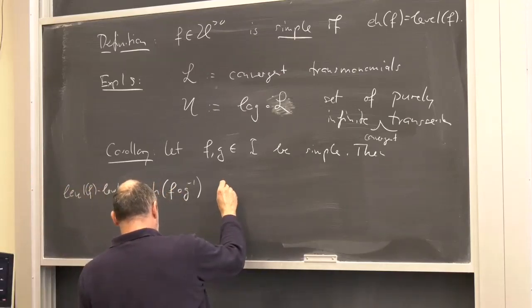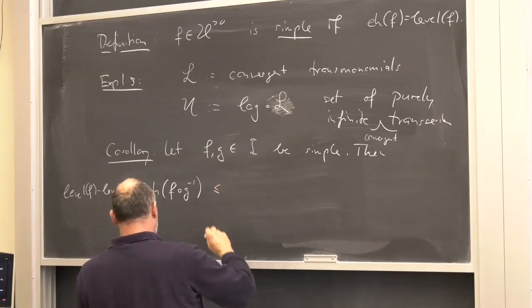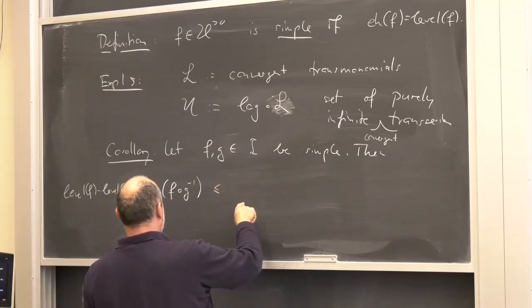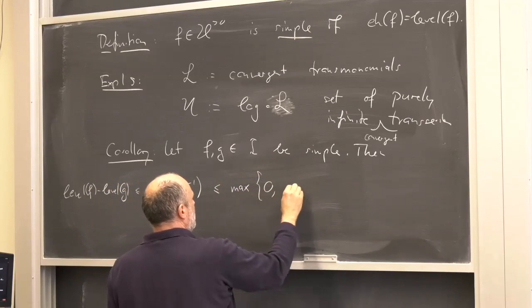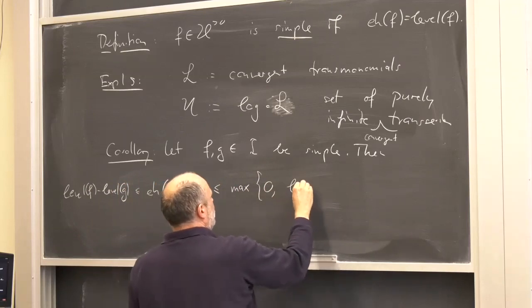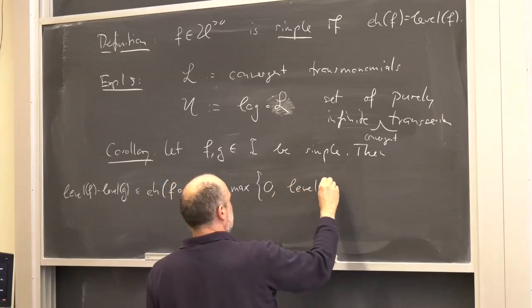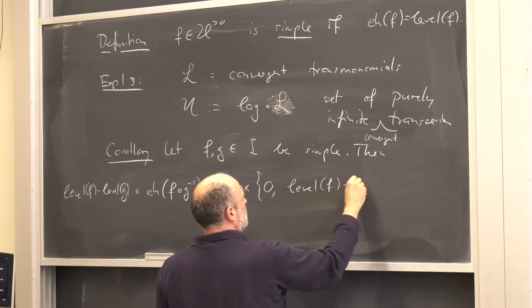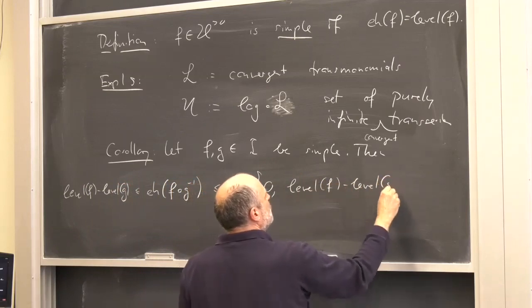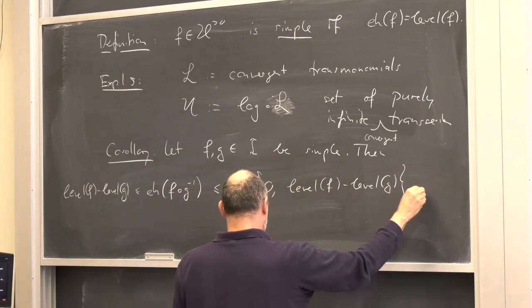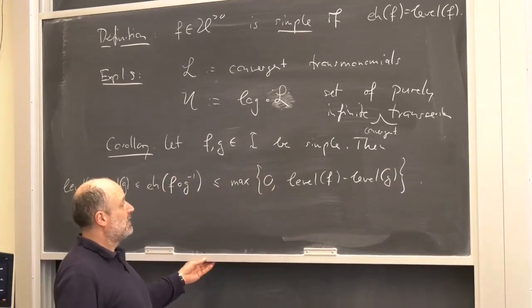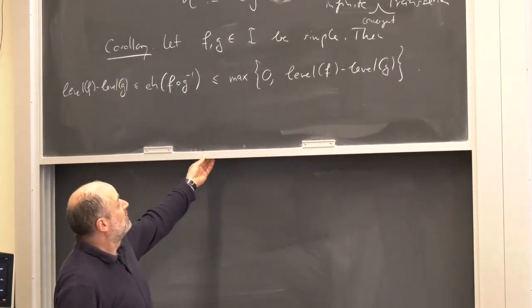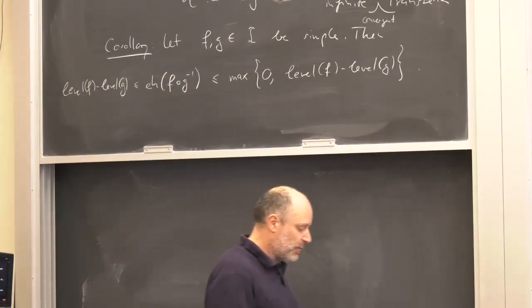But on the other hand, from those propositions last time, you can say it's at most 0 or the level of f minus the level of g. So that's an application of those two propositions from last time.